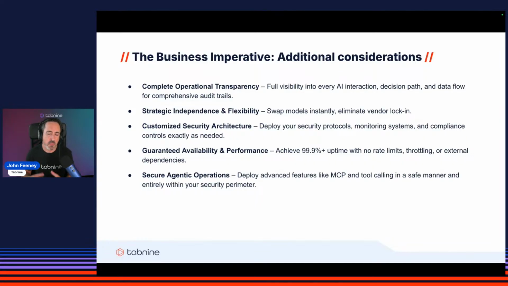And then finally, I think most importantly as well, there are those agentic features. So modern AI coding assistants, they use MCP, they use tooling to be able to provide autonomous workflows and to be able to perform actions on behalf of users, which is really powerful, but it's also incredibly risky as well if it's not controlled.